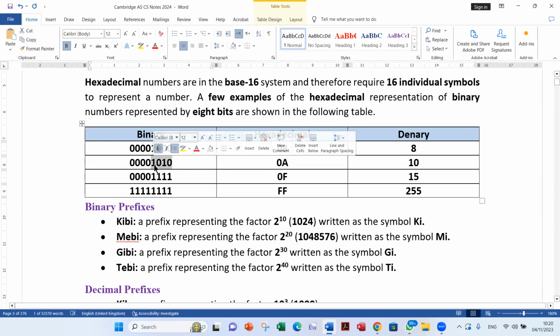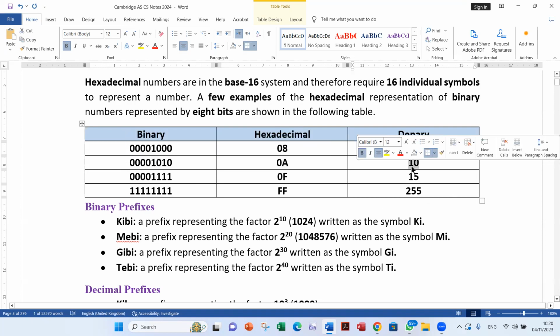So this is 8 and 2. You have to do that orally. We are doing AS right now. You have to be able to do that orally. So we have 8 and 2, and that is 10. You represent it here as A. If you convert the whole thing into denary, you get 10.